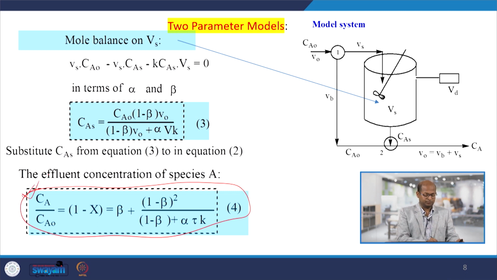So, how do we find the concentration at the exit of the reactor from the model system?